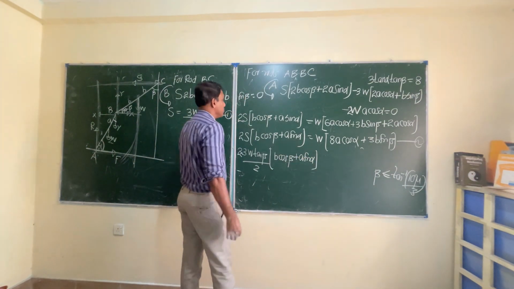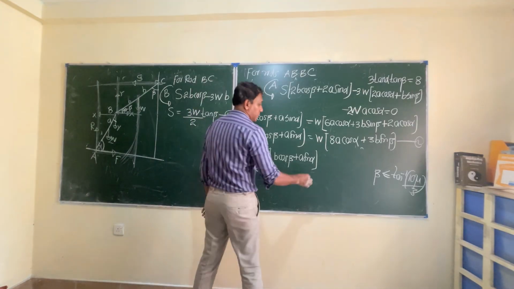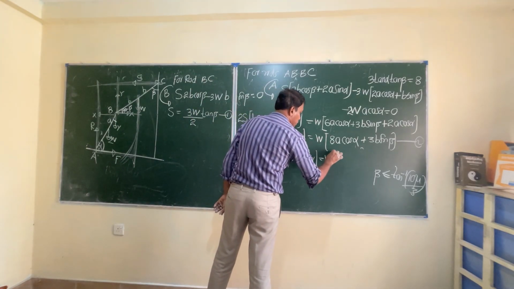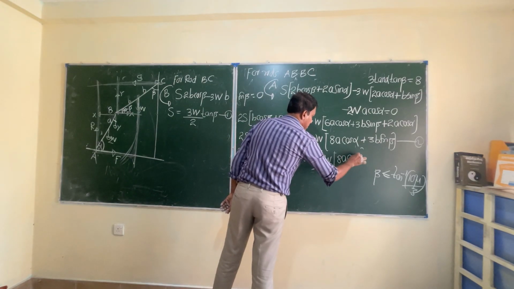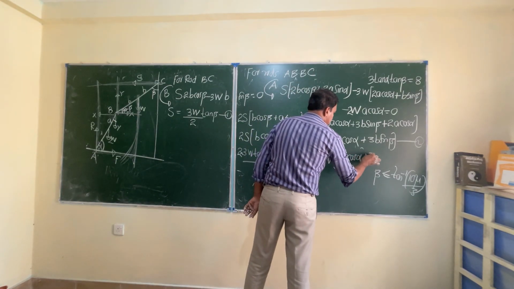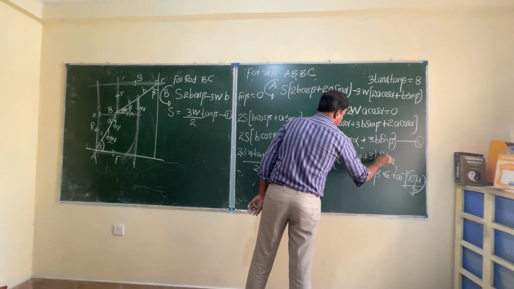Okay, is it okay? The other side is W into 8a cos alpha plus 3b sin beta.